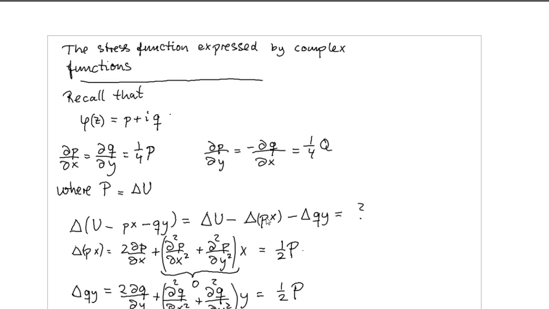We know that the derivative of this with respect to x is just the derivative of p with respect to x multiplied with x plus the derivative of x with respect to x multiplied with p. Doing this twice in both x and y direction, we easily obtain this result.